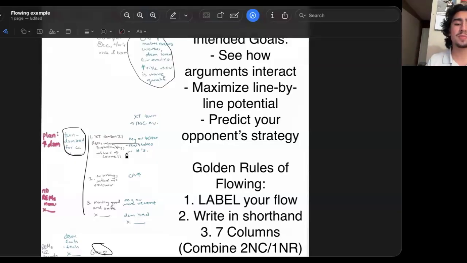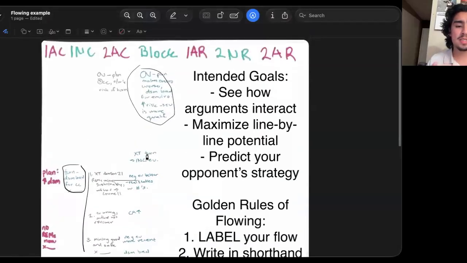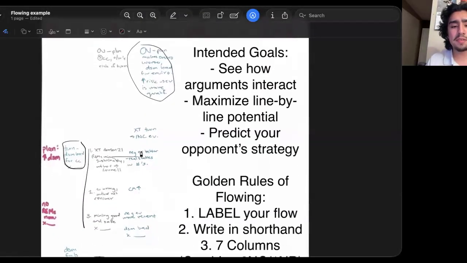So if this were an actual speech, the negative would be saying things like, extend the turn, deep sea mining makes climate change worse. Our 1NC evidence says blah, blah, blah. The 2AC's first argument is extending Dawson and that their author is better because they come from this Cornell Institute. The negative says our evidence is better because it comes from real studies using real numbers.